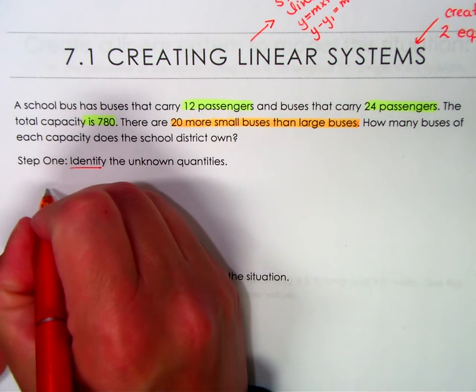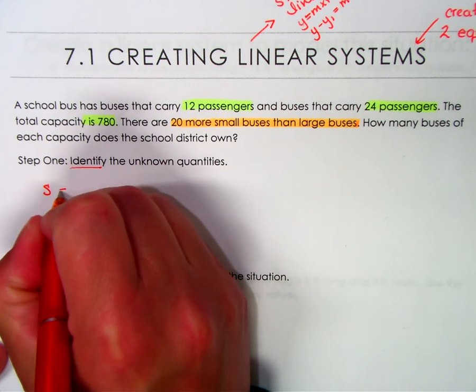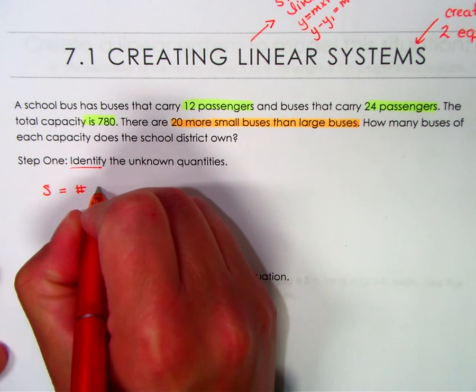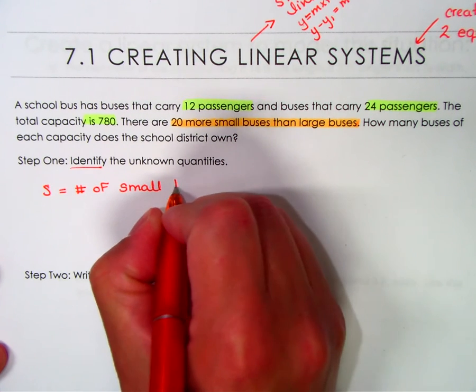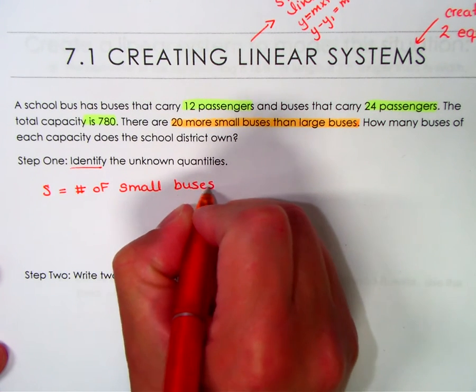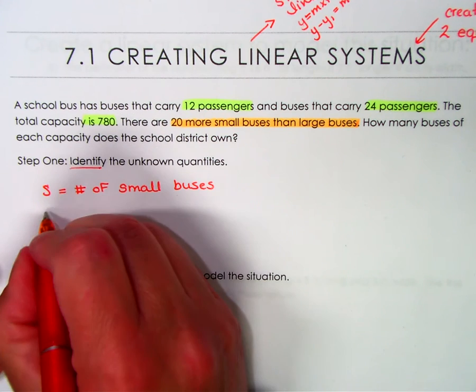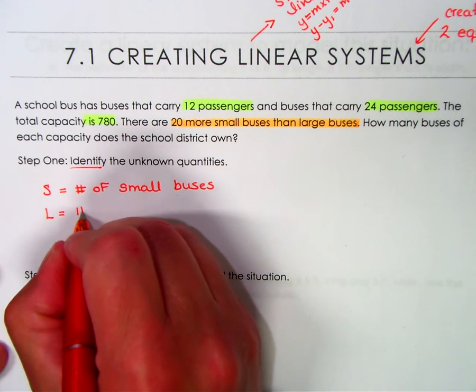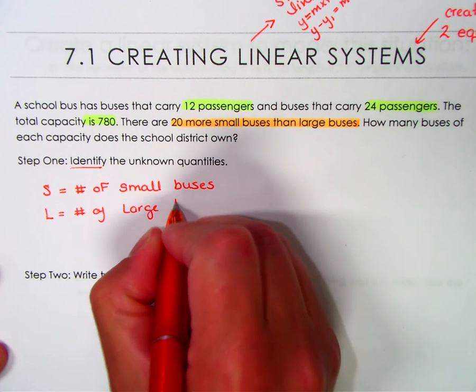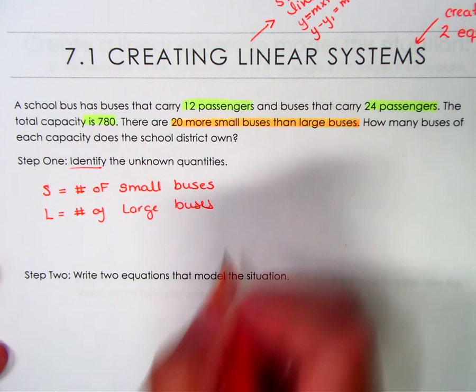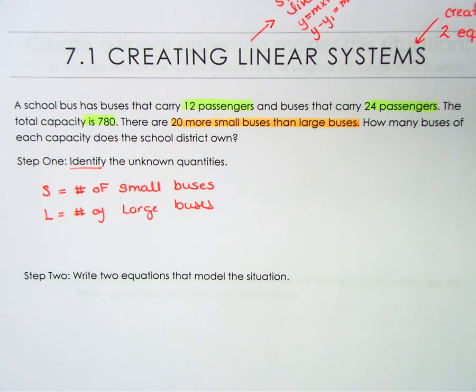So I'm going to say S equals the number of small buses, and L equals the number of large buses. So there we go. We defined our two variables. That's step one. We got to name our variables. What do they actually represent?